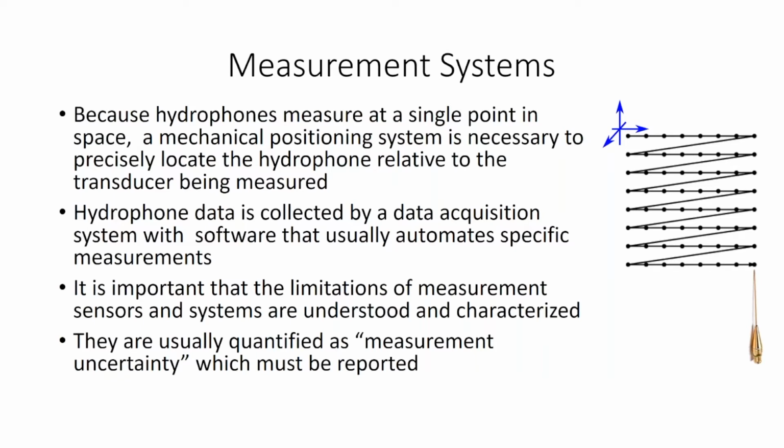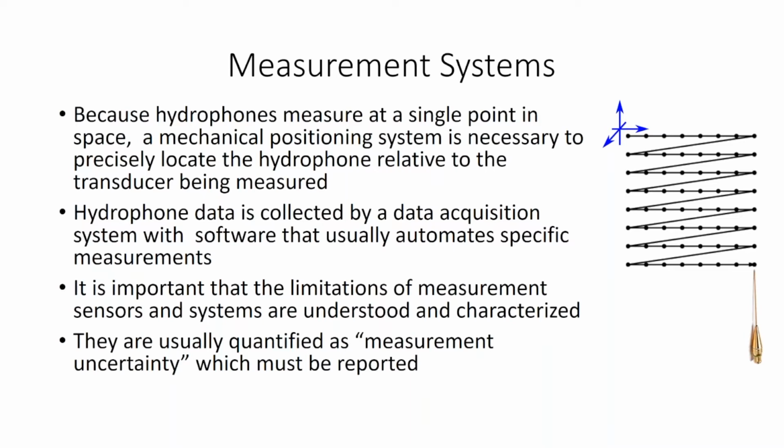Because hydrophones measure at a single point in space, a mechanical positioning system is necessary to maintain precise location to be able to accurately characterize the three-dimensional field. Hydrophone data is collected by a data acquisition system, in the example shown, an oscilloscope connected with a computer and software that usually automates significant portions of the specific measurements.